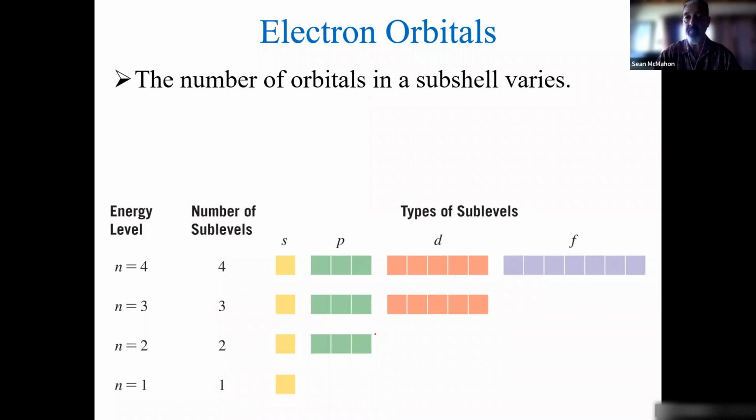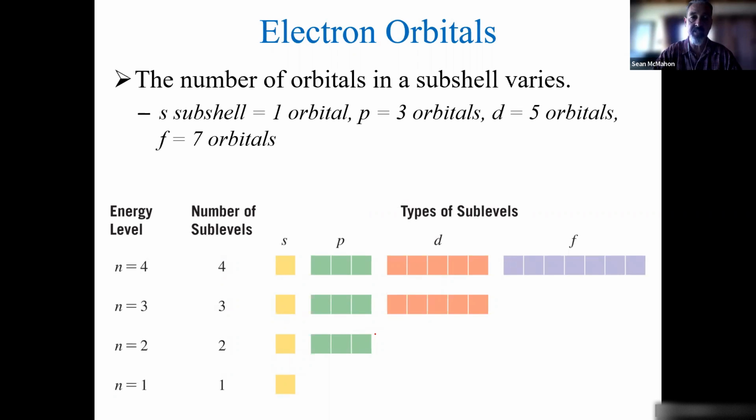So the number of orbitals in a subshell varies. In subshell S, there's only one orbital. It doesn't matter if you're in energy level 1, 2, 3, or 4, all of the S sublevels in those energy levels only have one orbital. That's why there's one box.